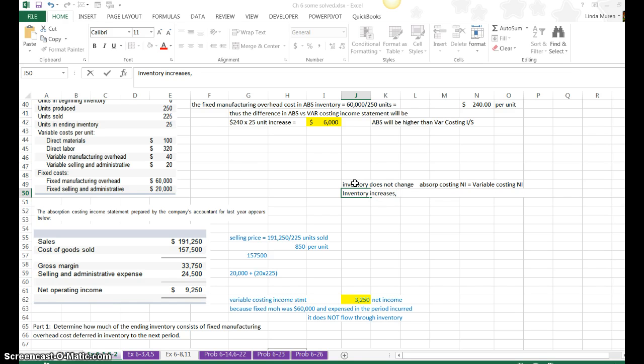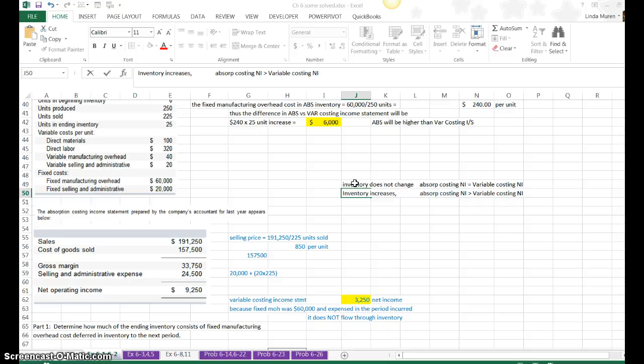Okay, when inventory increases, that $240 of fixed manufacturing overhead cost is actually still sitting on the balance sheet. So under that scenario, absorption costing net income will be greater than variable costing. And again, the reason is that variable costing took the whole $60,000 and expensed it like a period cost, considering it a cost of capacity.